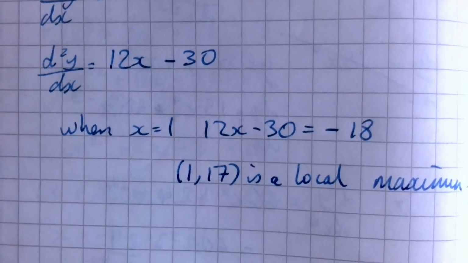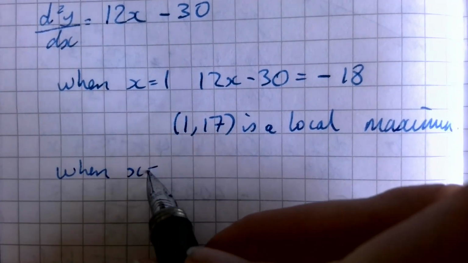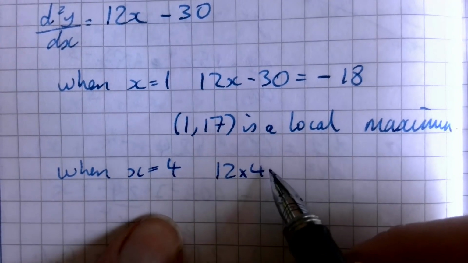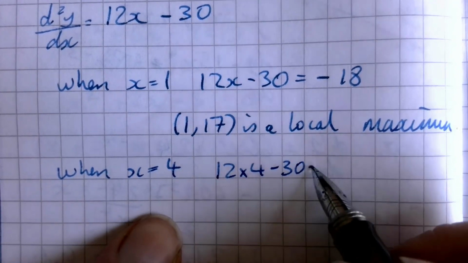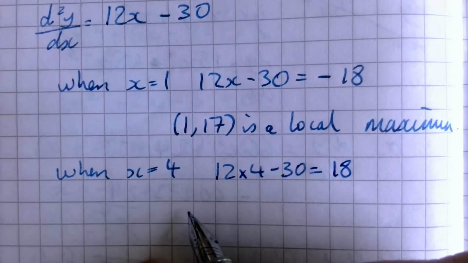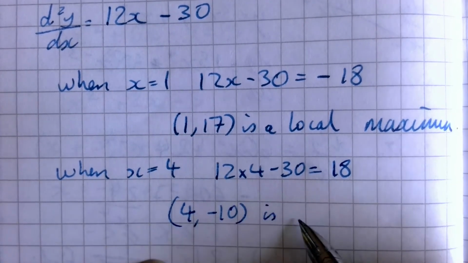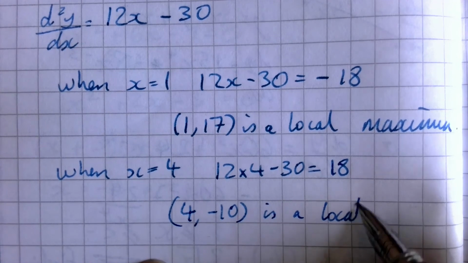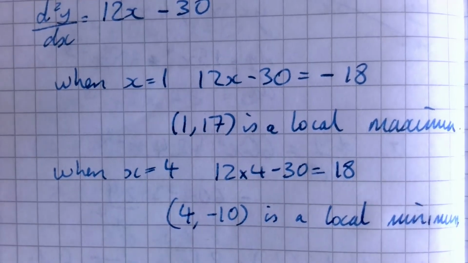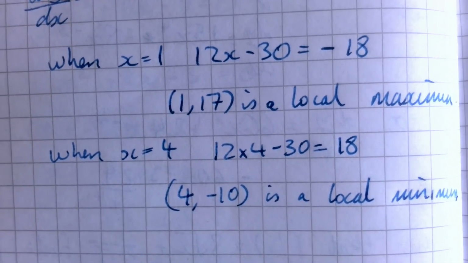And then we do the same thing again when x equals 4. 12 times 4 take 30 is actually plus 18, so 4, negative 10 is a local minimum. And it would always be a good idea to get your calculator and graph it, just so you could quickly check that that is the case.